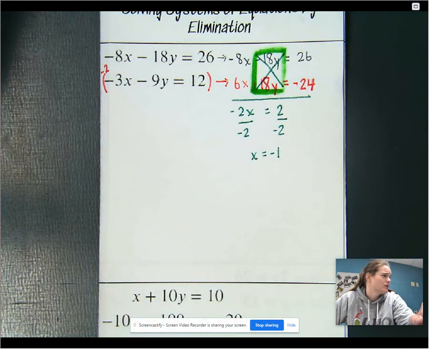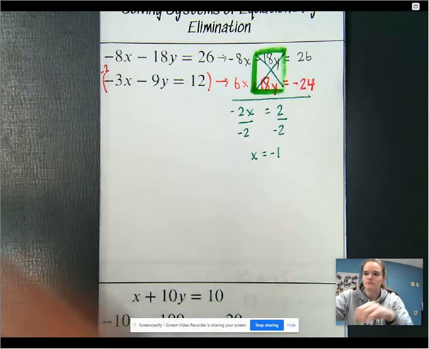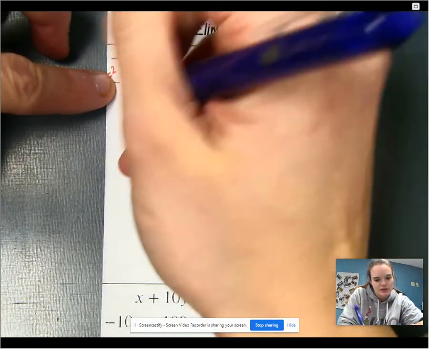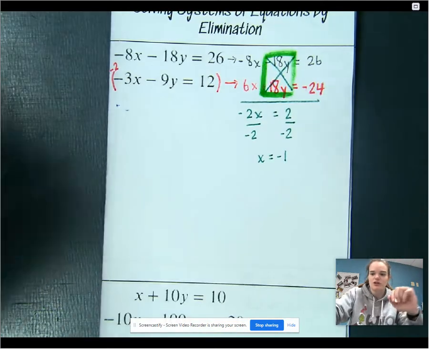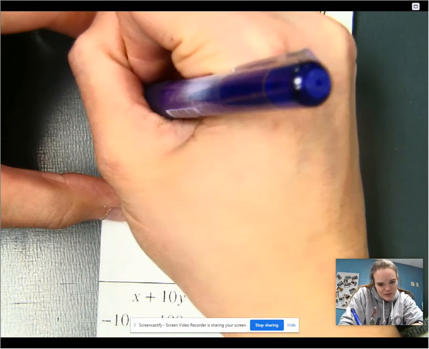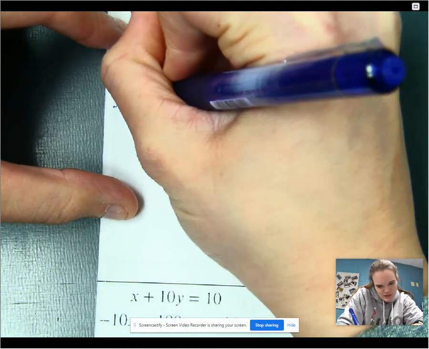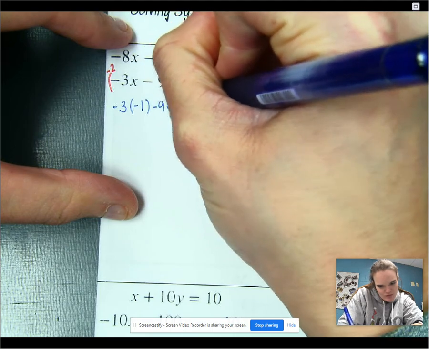Like we did the other day, we're going to plug it back in. It doesn't matter which equation we use. I'm going to use this bottom one right here. Negative 3, instead of x, I'm going to put negative 1, minus 9y equals 12.